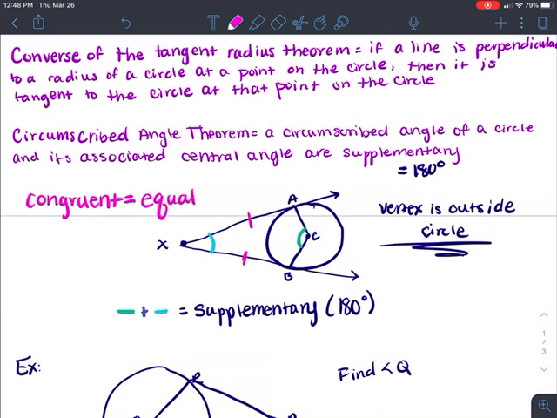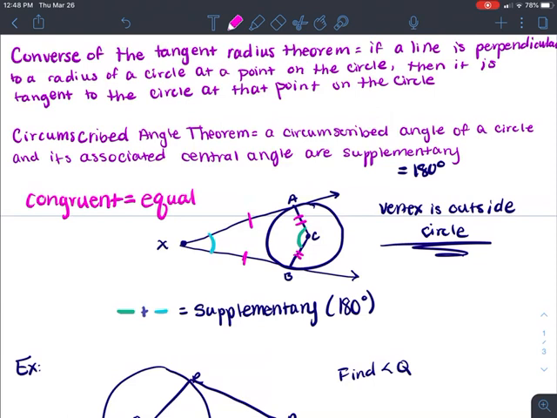I also have line AC and line BC equal to each other. You'll see that line XA and XB have one dash, and line AC and line CB have two dashes. This just means that line XA is not congruent to line AC, but line AC is congruent to line BC.